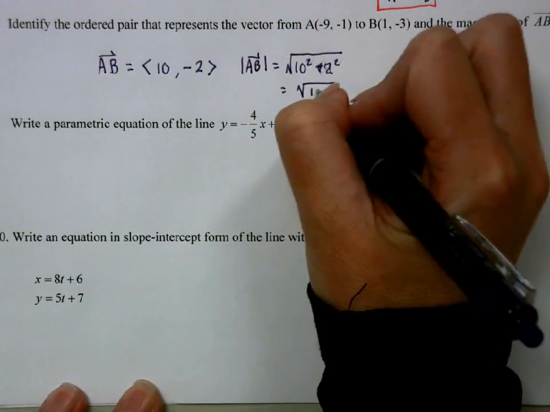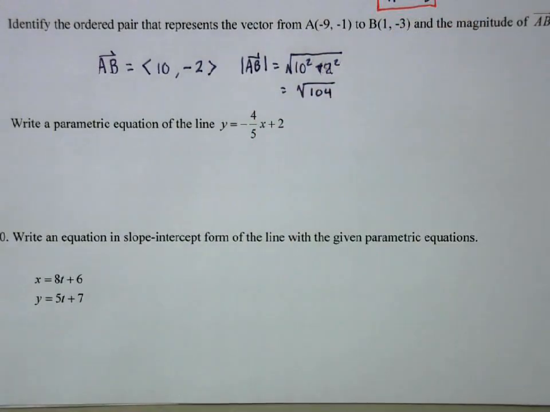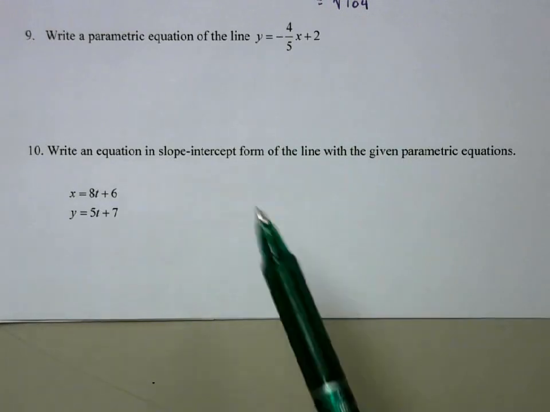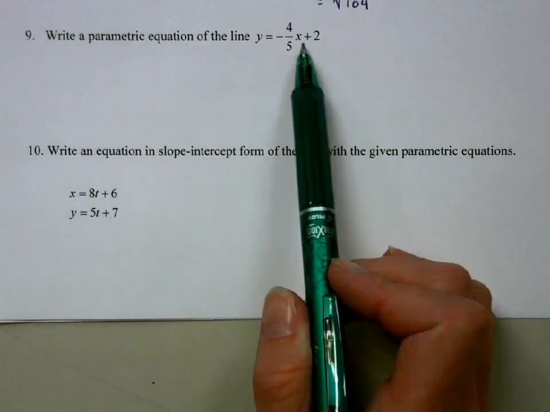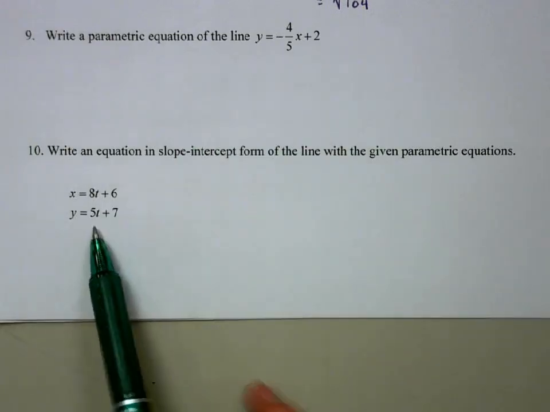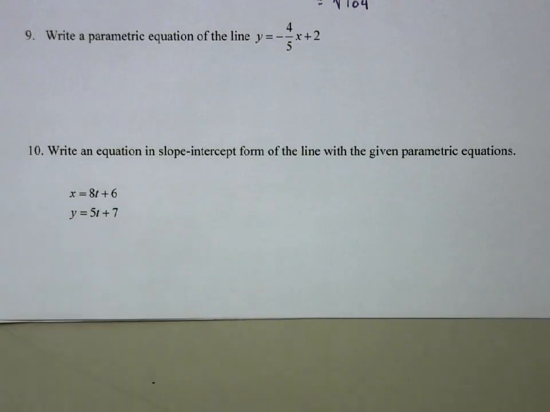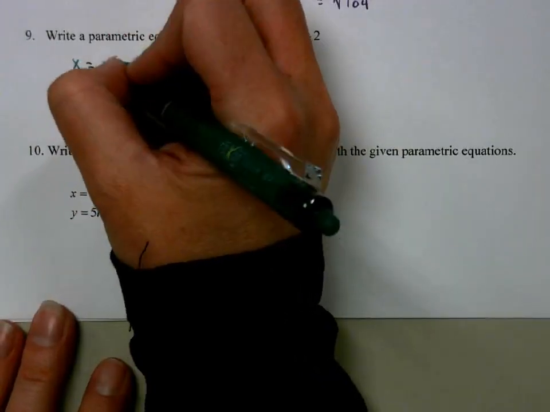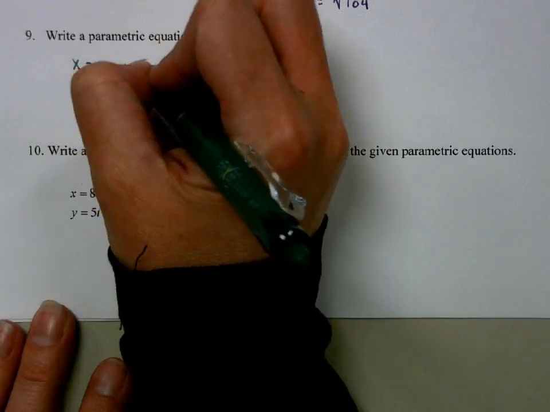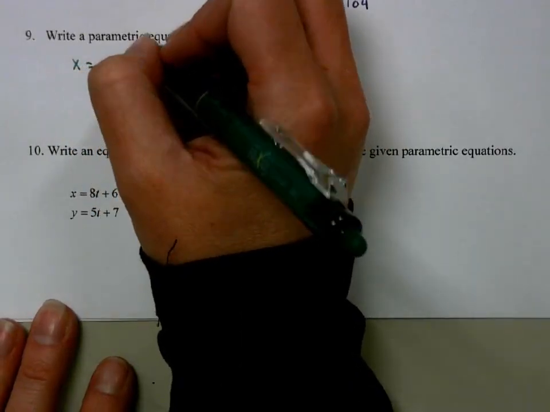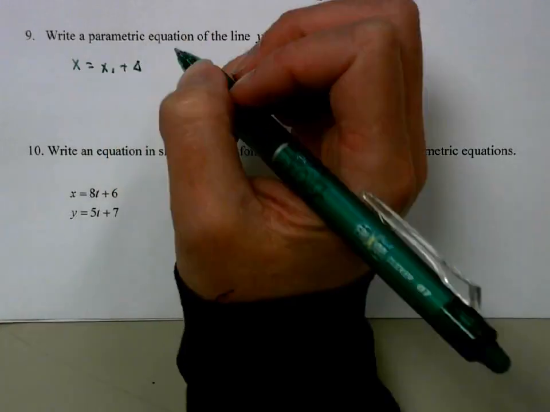Okay, so these next two I'm going to kind of talk about together. We want to write the parametric equation of one in slope-intercept, and then we're going to write the slope-intercept form of something in parametric. So this is what the parametric equation looks like. The general formula is x equals x1 plus a1 t.